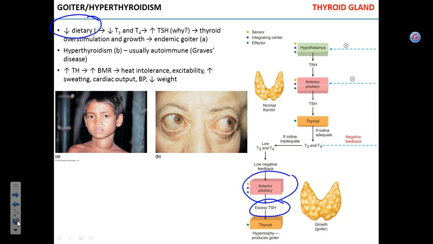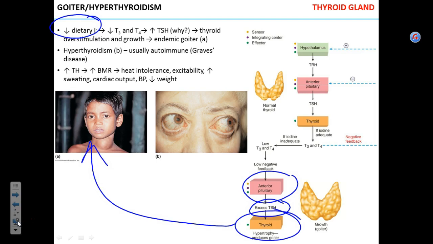Thyroid gland doesn't know that it runs low on iodine. So if each cell cannot produce enough thyroid hormone, maybe if we will produce more cells, it will work. Thyroid gland starts to grow. Does that make sense? That leads to goiter.